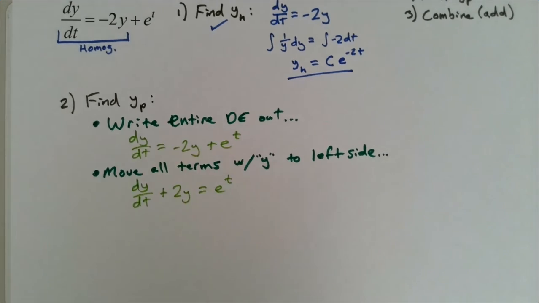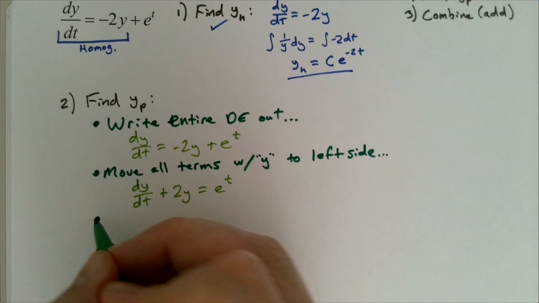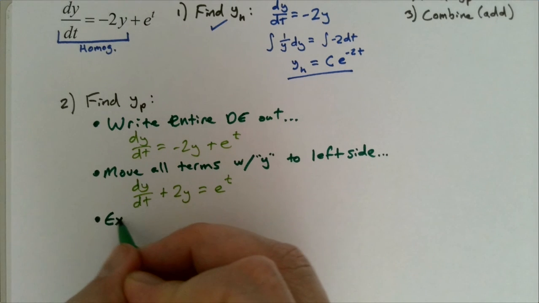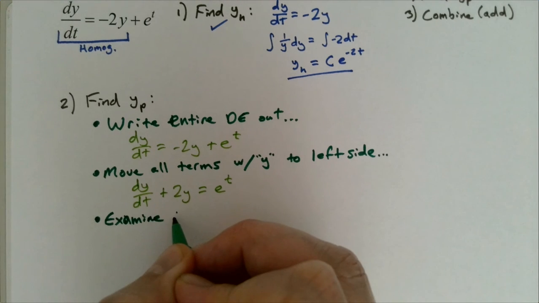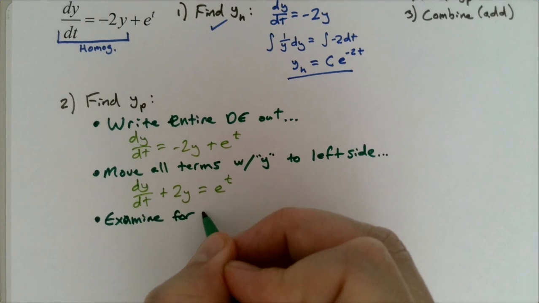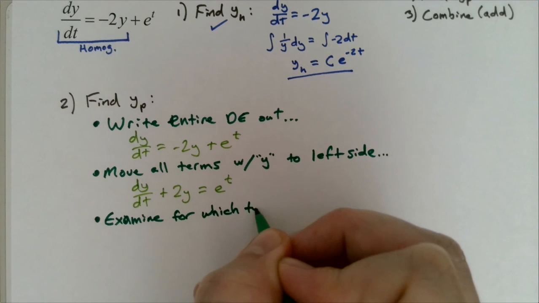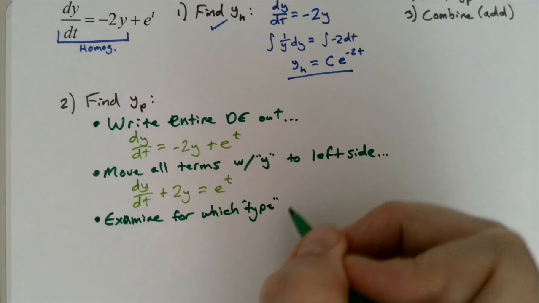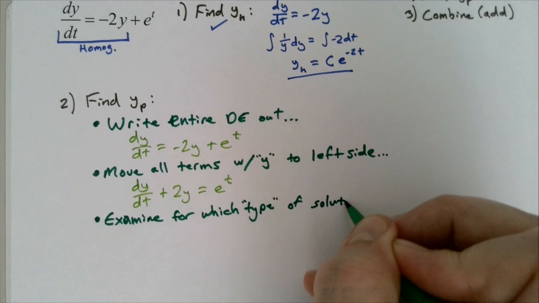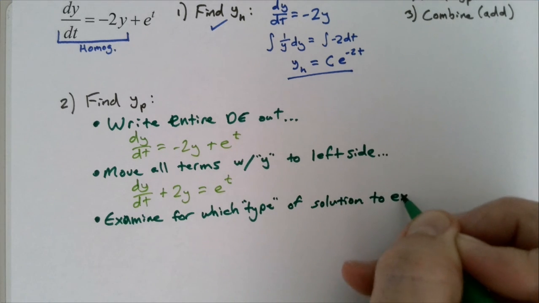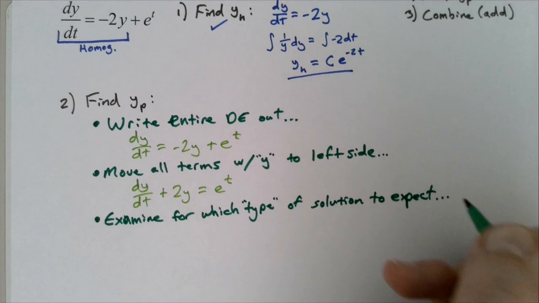Now this next part of finding the particular solution says that you need to examine for which type of solution to expect. And I'll explain that here.